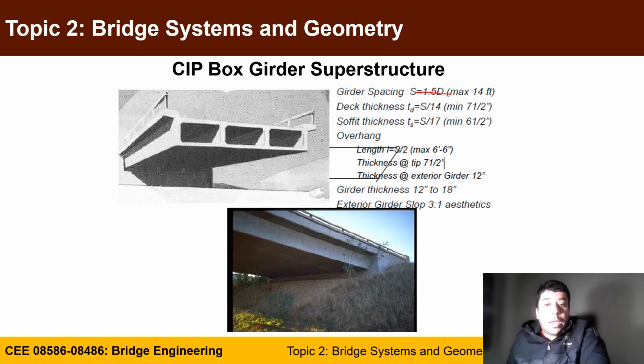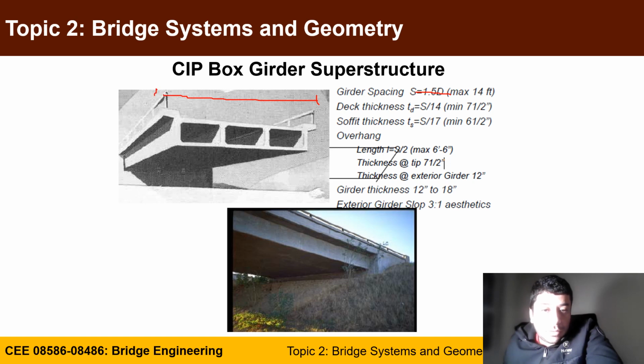Some information about how to size it. Let's say you have a box girder where the roadway width is around 48 feet.